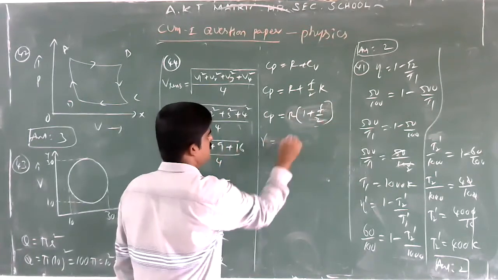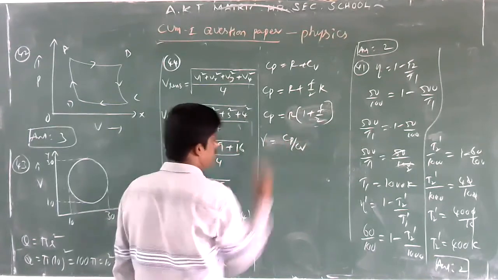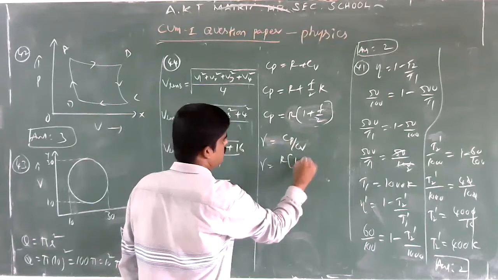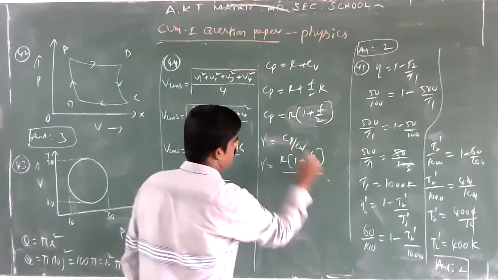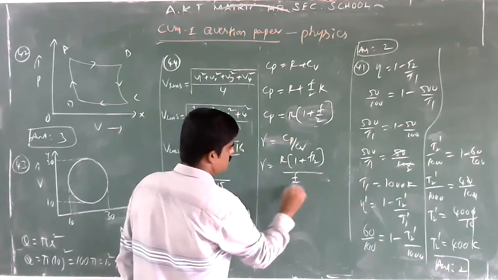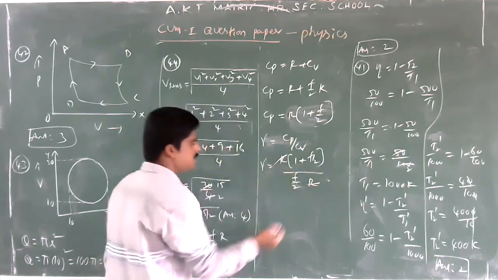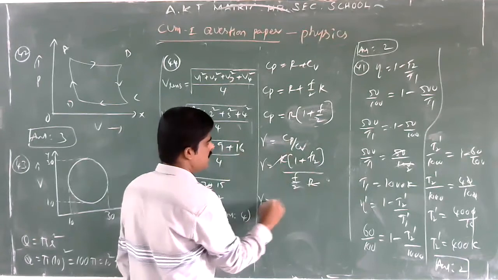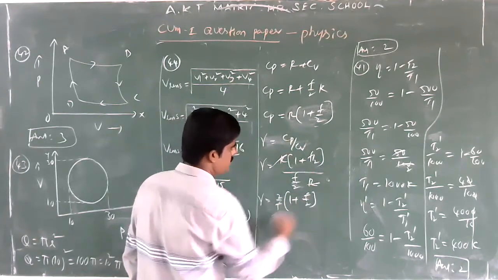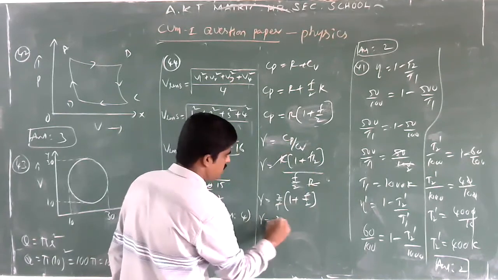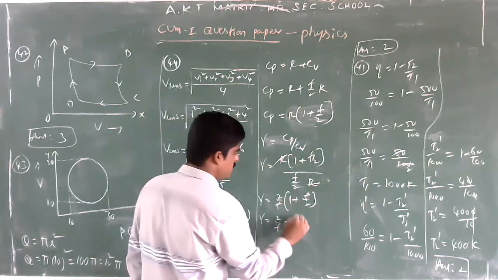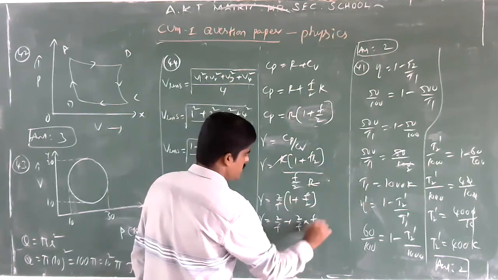But what they are asking is gamma equal to Cp by Cv. Gamma is equal to R into 1 plus F by 2, divided by F by 2 into R. R gets cancelled, and reversing this one gives 2 by F. Gamma is equal to 2 by F into 1 plus F by 2, which is 2 by F plus 2 by F into F by 2.